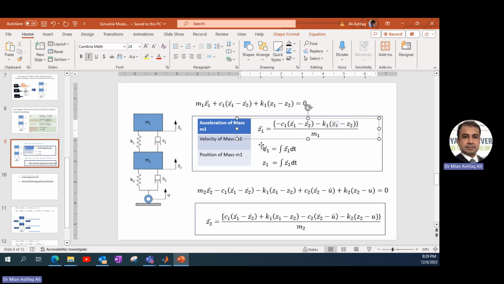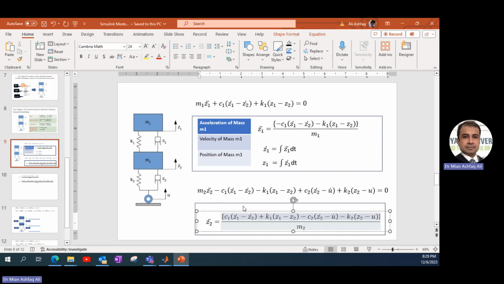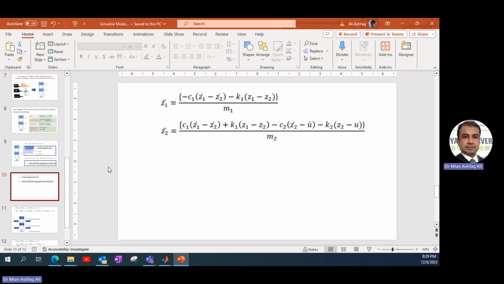We can take the integral of this signal to get the velocity of the mass, and integrate once more to get the position of the mass with respect to time. Similarly, from the second equation, we can also get the acceleration. If we take all the terms to the right and leave Z2 double dot on the left, those are the two equations that we need to model in Simulink.